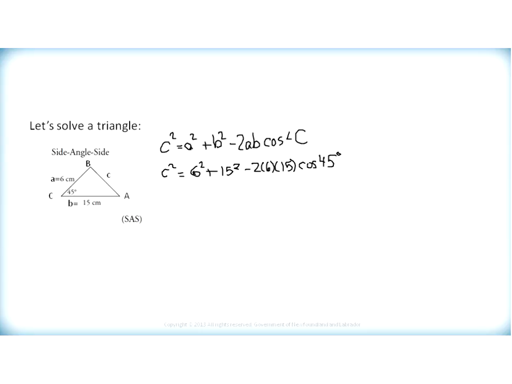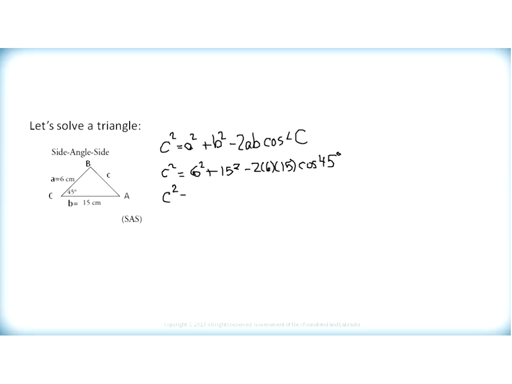So when I hit equals, it gives me 133.72. So I've typed it all in one step, which is perfectly acceptable.